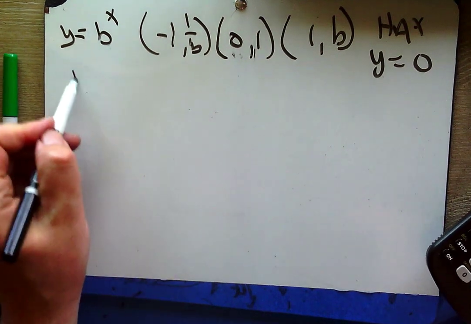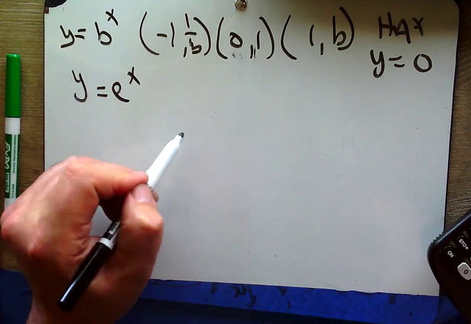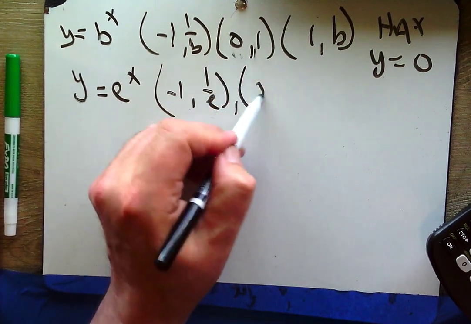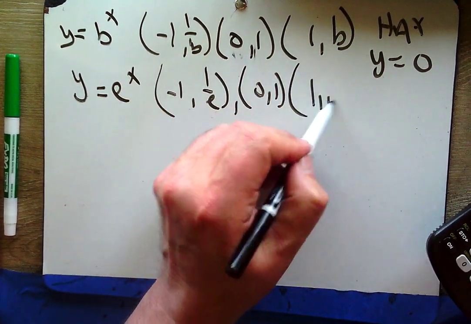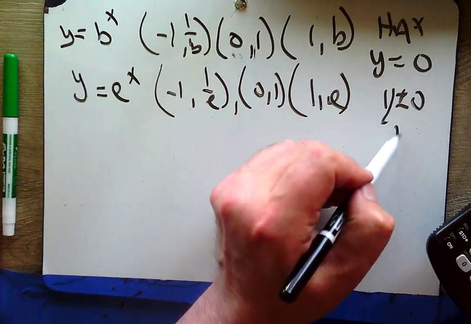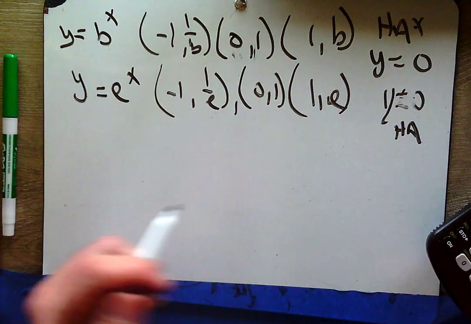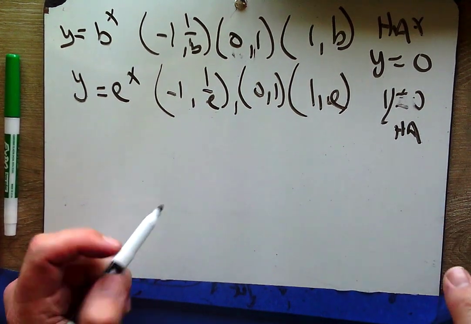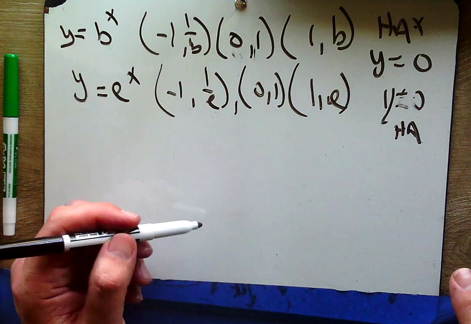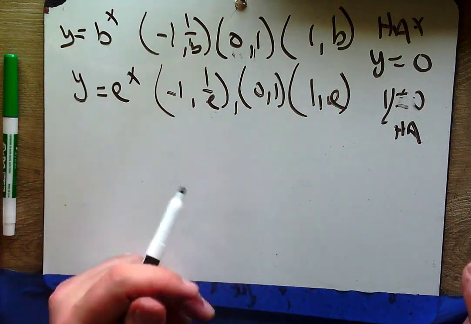So when I now see something like y equals e to the x, my reference points are going to be negative 1, 1 over e, 0, 1, 1, e. I still want y equals 0 for a horizontal asymptote. All right. Yeah, I'm uncomfortable with these, Mr. Kukla. Make them go away.